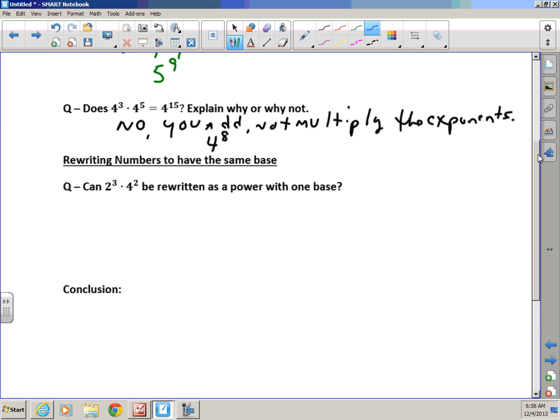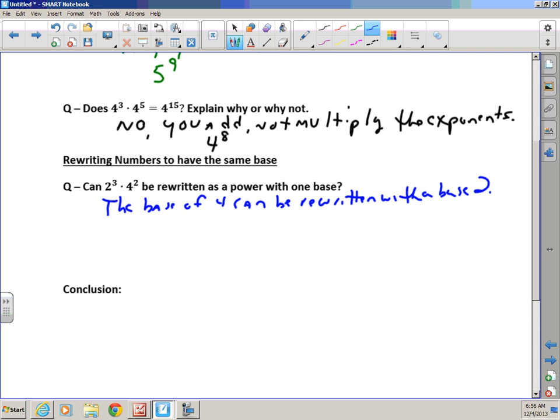But hopefully you can see that 4 is a number that can be written with a base of 2. Okay? So the base of 4 can be rewritten with a base of 2.